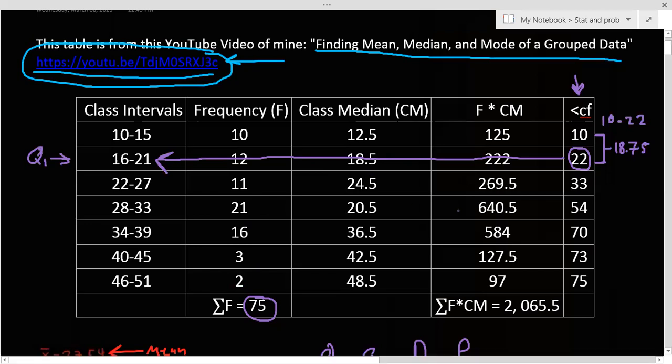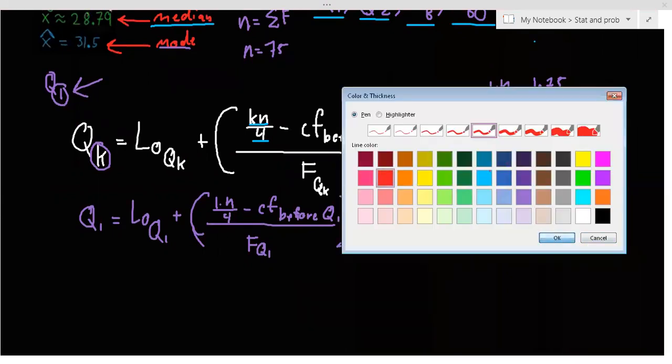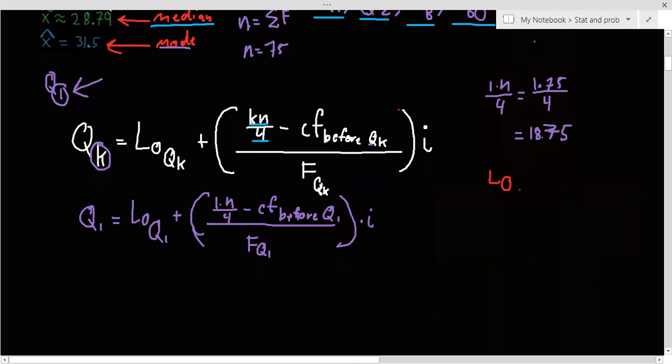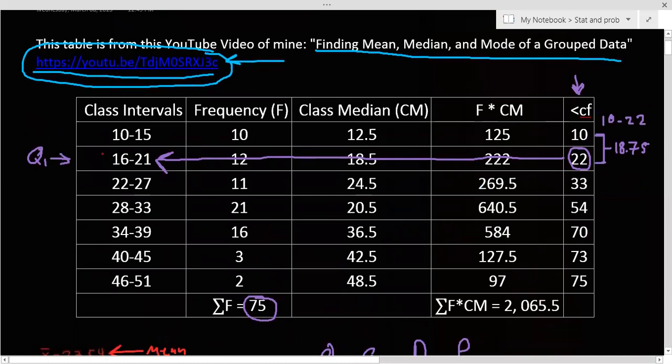Now, ano na sunod? Ang sunod nun is hanapin na natin yung mga ibang variable na kailangan nating hanapin. Which are, number 1, si lower boundary of the first quartile. So paano kaya kunin natin yung lower boundary ng first quartile? So una, go to the class ng first quartile.